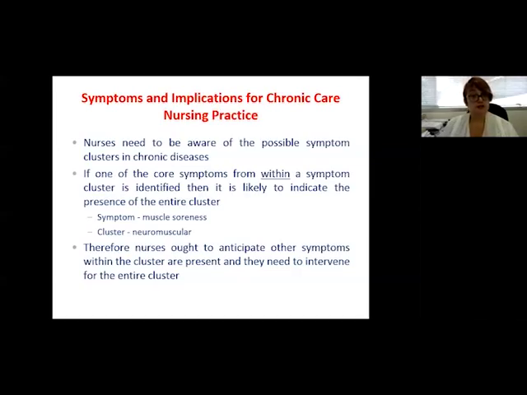The other important thing for our practice is that we need to be aware that symptoms are likely to cluster together. And if one of the core symptoms from within a symptom cluster is identified, then it is likely to include the other symptoms in that cluster. So, for example, if a patient has muscle soreness, think about a cluster of symptoms related to neuromuscular. So nurses ought to anticipate other symptoms, and so you need to intervene for the entire symptom cluster.